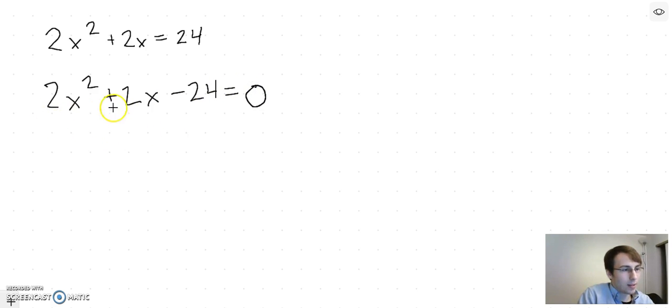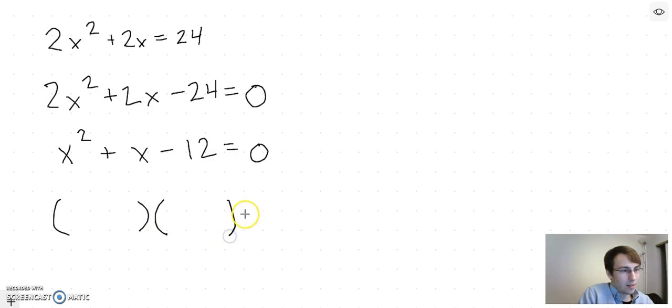And to clean it up a bit, let's divide by 2. That way, we've just got a 1 on this x squared, and it'll factor nicely. x squared plus x minus 12 equals 0. So now what can we factor that into?